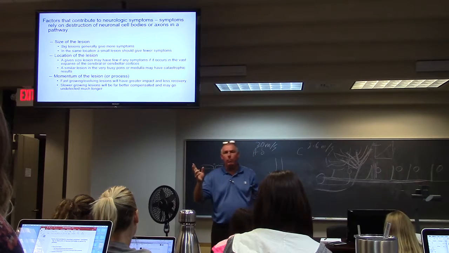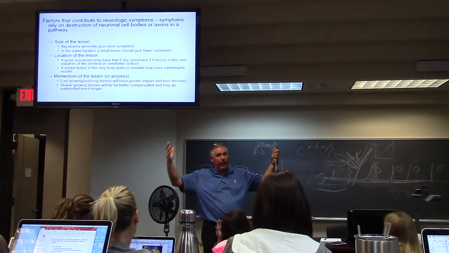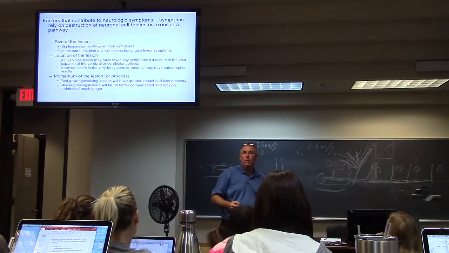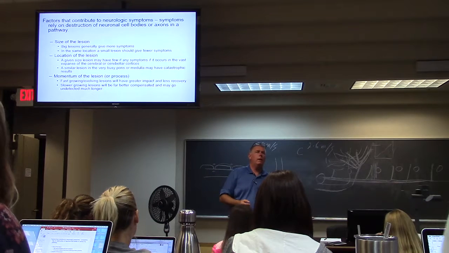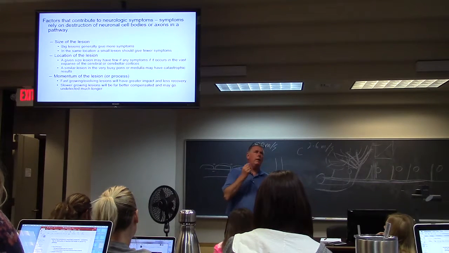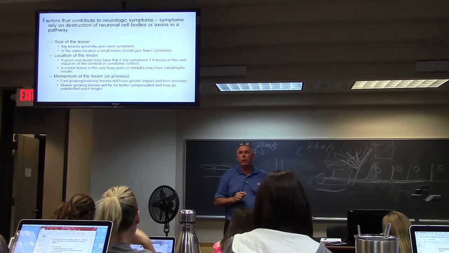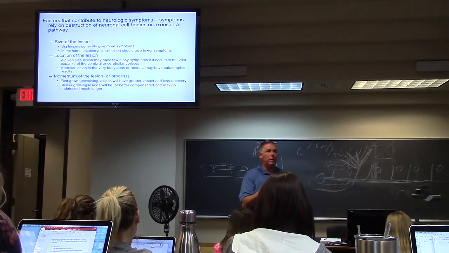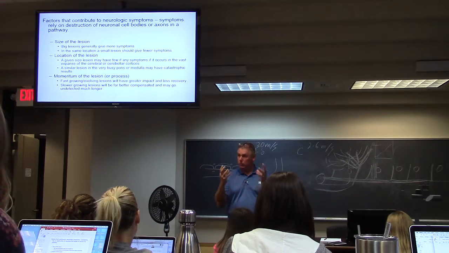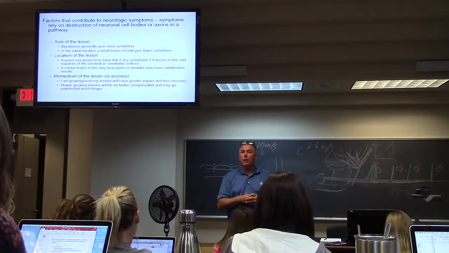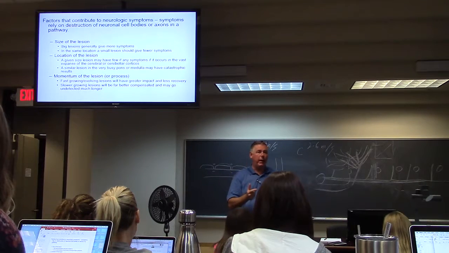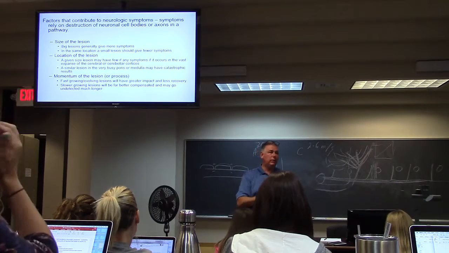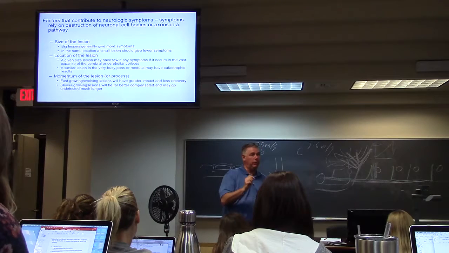Or let's go with a ping pong ball, that's a little more realistic, unless you've got a really big head. The location of the lesion is also important. You can have a tumor of the same cell in a place like the midbrain or the brainstem, and it could kill you. So location, location, location, that real estate is important.